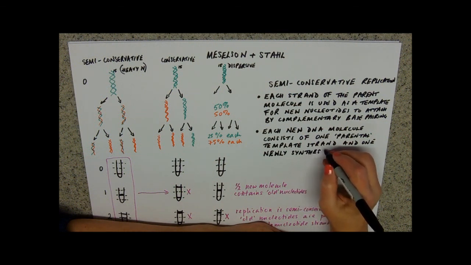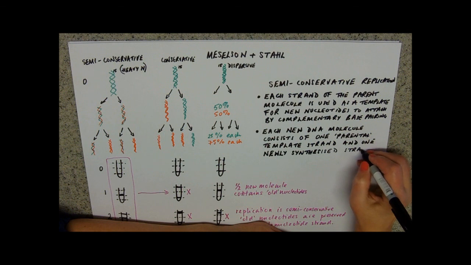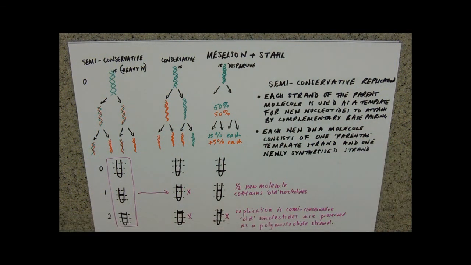That's important. You can't just say one new strand. One newly synthesized strand. So don't just say old and new. Do say parental or template strand and newly synthesized strand.